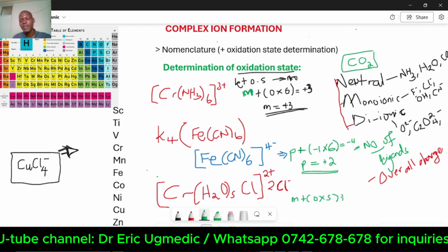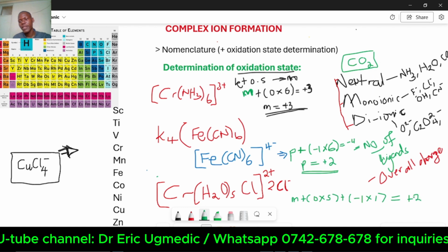Then plus, I also have a chlorine or chloride. So what's the oxidation state of chloride? It's a negative 1. How many? It's only 1, so I can multiply by 1. And that will be equal to the overall charge, which is plus 2.